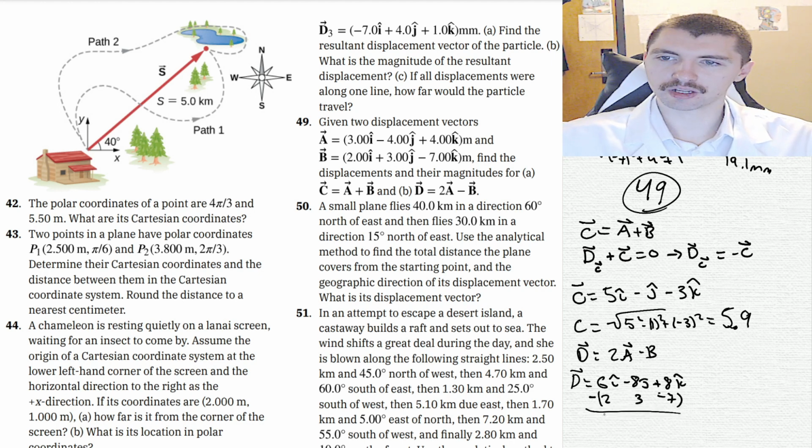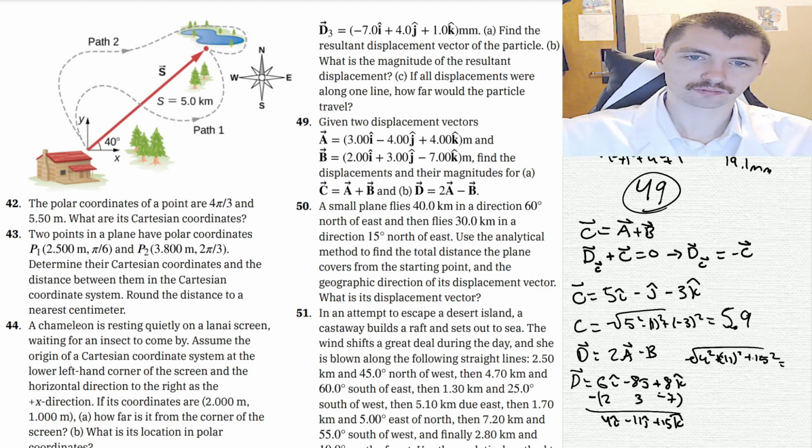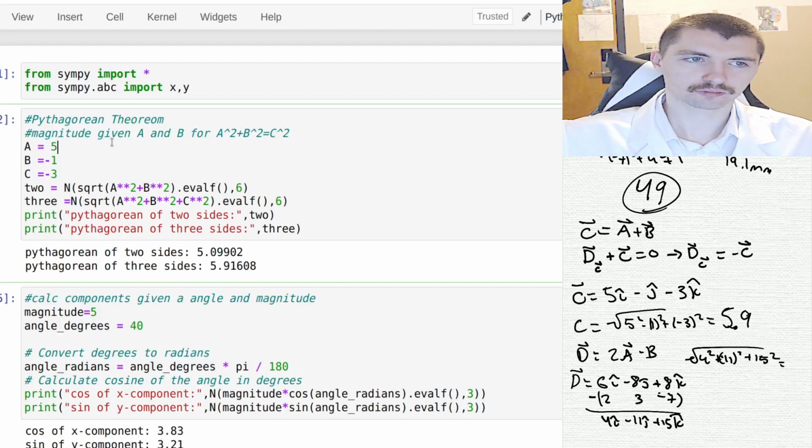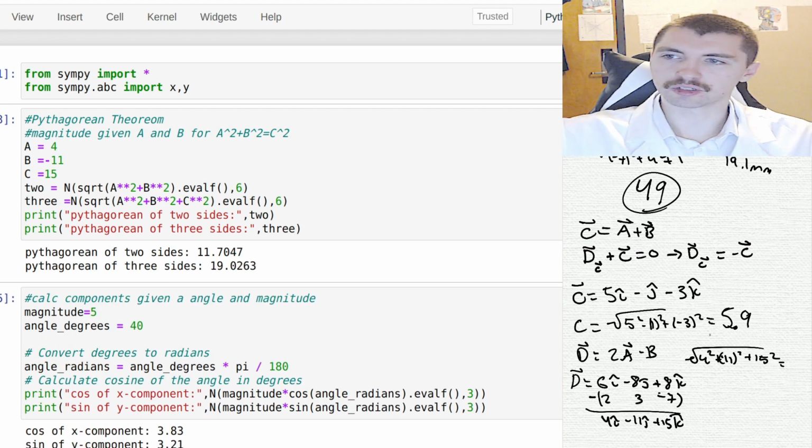So 6 minus 2 is 4I. Negative 8 minus 3, negative 11. 8 plus 7 is 15. And then we have 4 minus 11. It's 19.